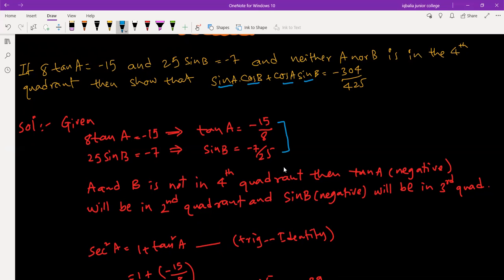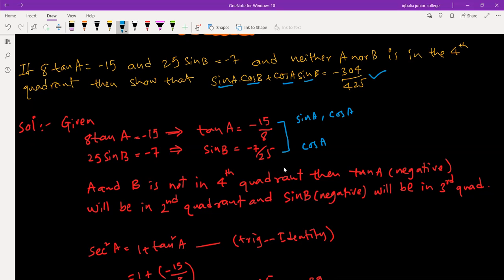Okay, from tan A we have to find sin A and cos A, and from sin B we have to find cos B. So if we have all these values, sin A, cos A, and here we have sin B, if we have these four values, then we are able to find these values.